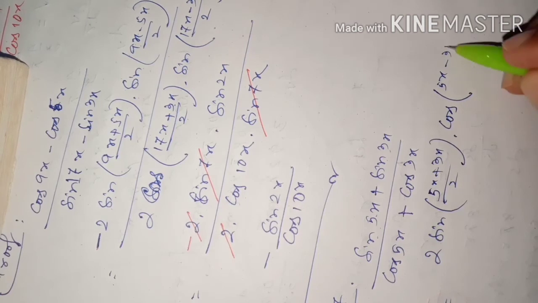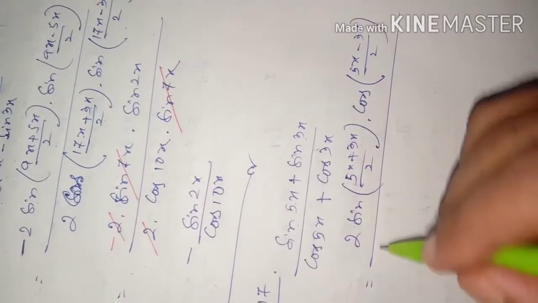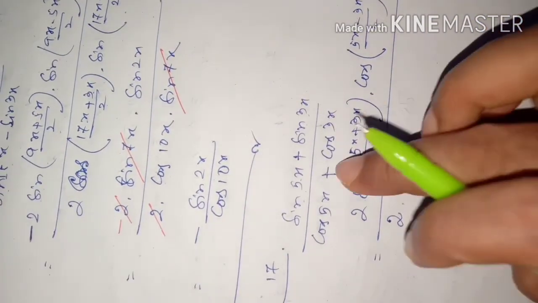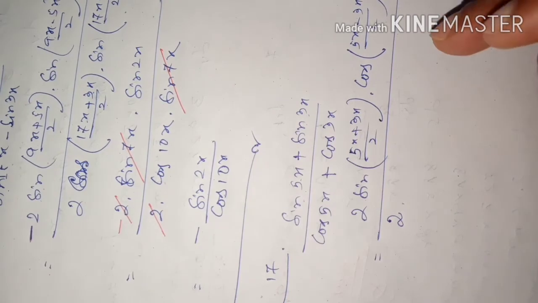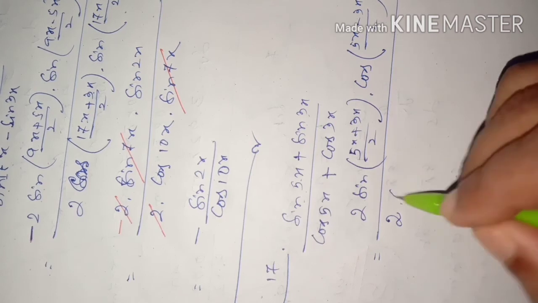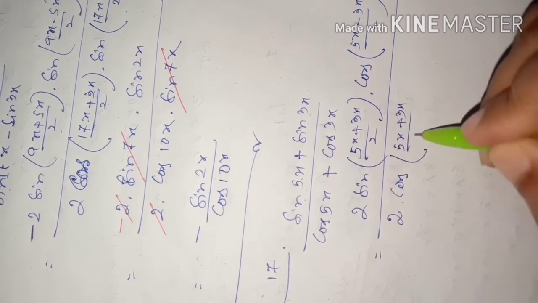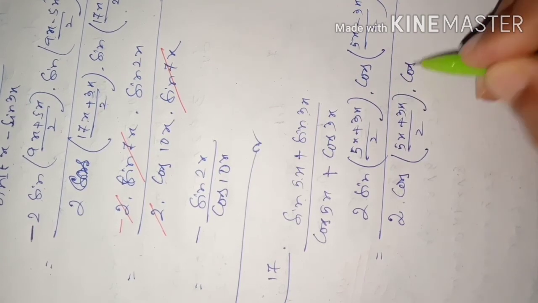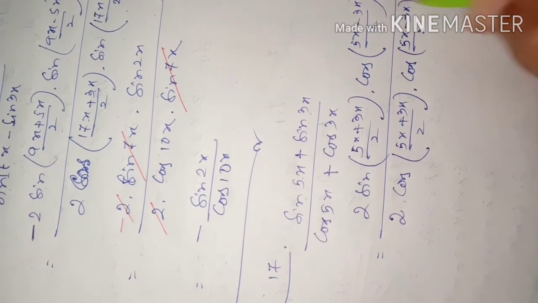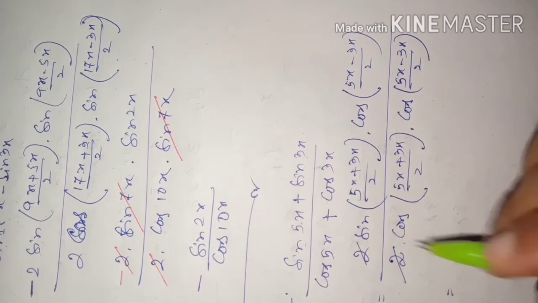Down there, since it is cos A plus cos B, it will be 2 times cos of (5x plus 3x) by 2 into cos of (5x minus 3x) by 2.